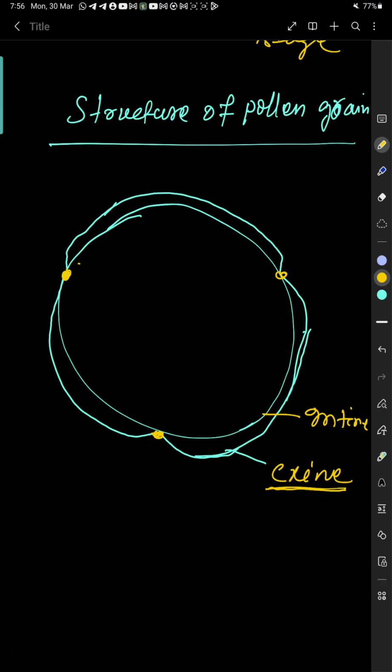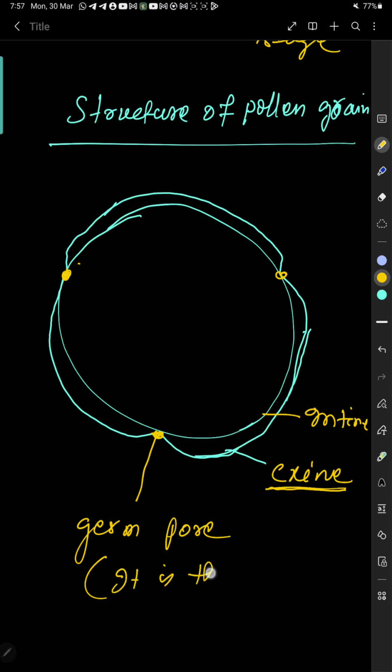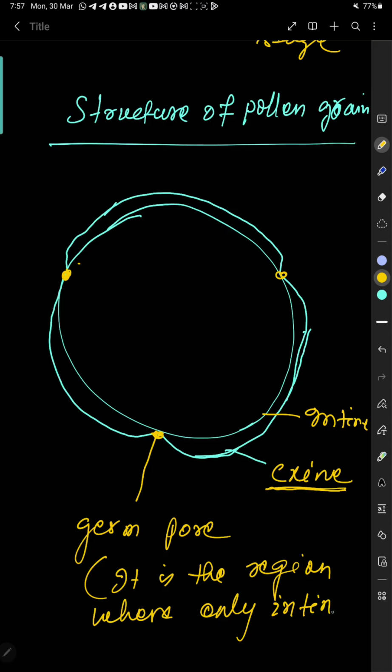At some places, maximum 3 places only, the exine is discontinued, and this forms the germ pore. So germ pore is the region where only intine is present.